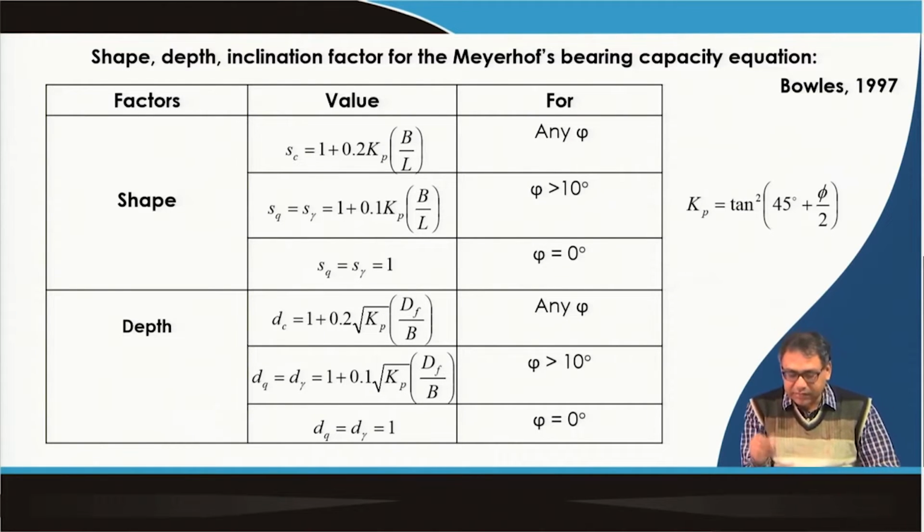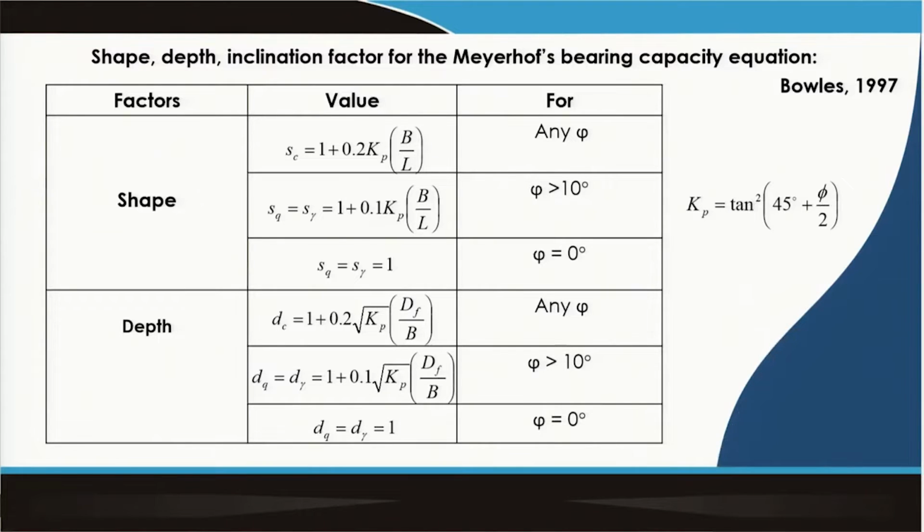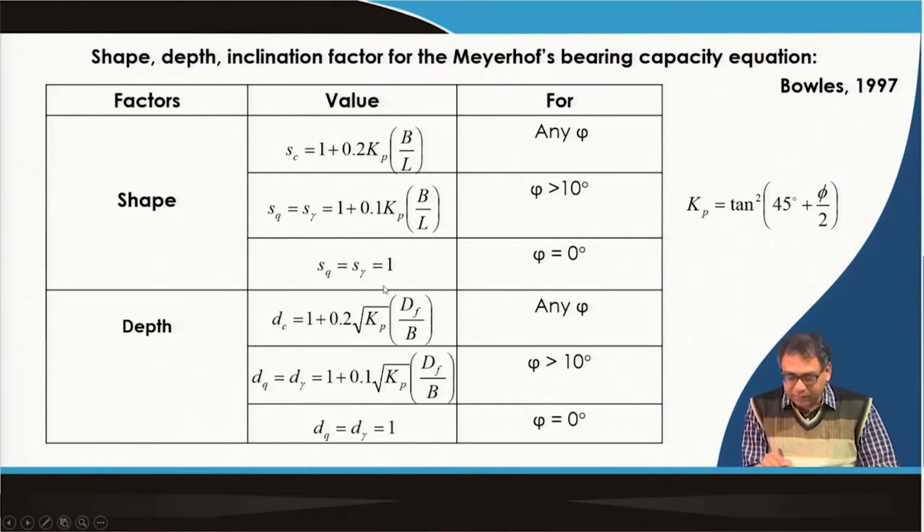The shape factors for any phi value, s_c, can be calculated by using these equations. You can use these tables to determine the shape factor and depth factor. For N_q and N_gamma we can use this expression, where K_p is tan squared of (45 degrees plus phi by 2), and phi is the friction angle of the soil. Similarly for s_q, s_gamma is equal to 1 if phi is equal to 0 degree.